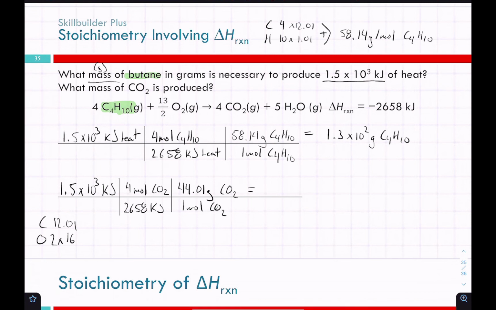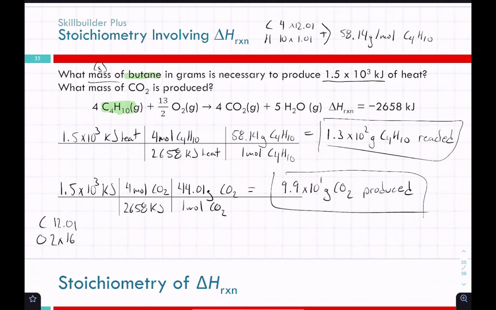So 1.5 e to the 3 times 4 times 44.01 divided by 2,658 is going to be 9.9 times 10 to the 1 grams of CO2 produced. And this will be that many grams of butane reacted. So these would be your 2 answers.